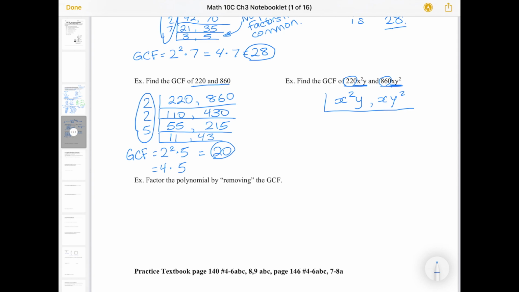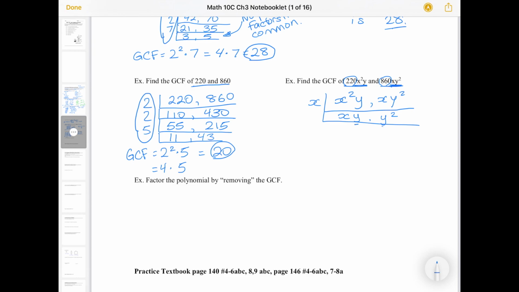Well, they both have an x. So I'm going to divide by x. And this one is left with 1x, y, and this one is left with y squared. Okay, and what else they have in common?